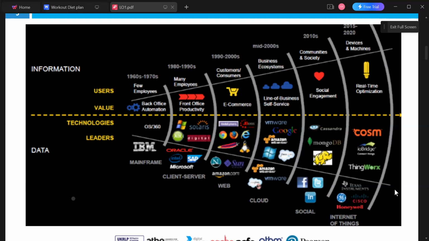And lastly, now we have Internet of Things, where the amount of data is now shared through the cloud, and they use this data to improve the service of these IoT devices.